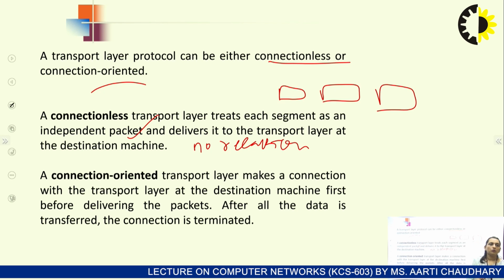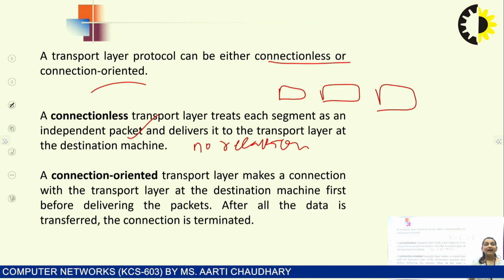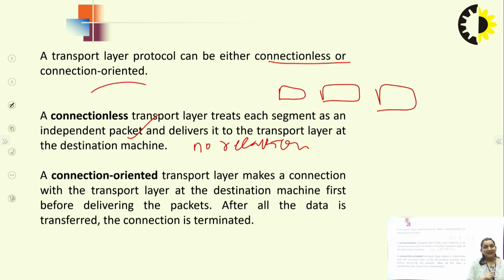Next is connection oriented. In connection oriented, it is vice versa. We will establish a connection, so we have our relationship. It makes a connection between our transport layer and the destination machine. Before sending the delivery, we will number the packets. This is my packet 1, this is packet 2, this is packet 3.